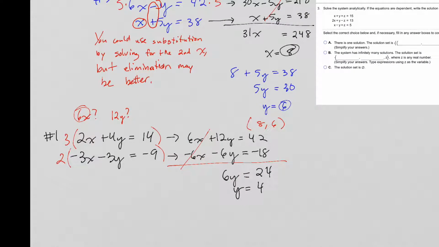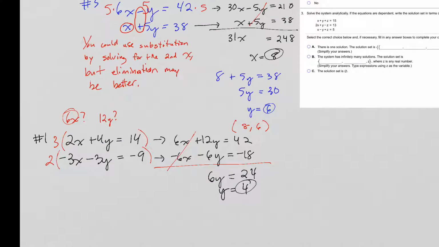Okay, so now we take our 4 and plug it in. It doesn't really matter which one again, because they're both going to be multiplied by something. So I'm just going to pick the top equation this time. I can put the 4 right here.